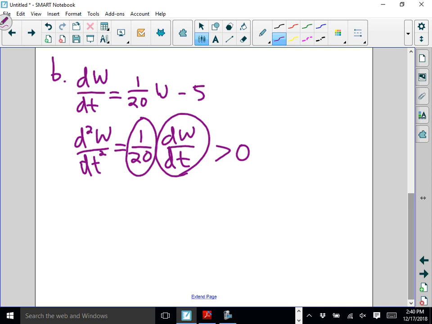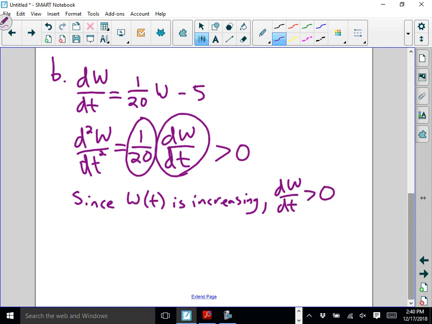So here comes my explanation. Since w of t is increasing, that was the piece of information they gave us, dw/dt must be greater than 0. And if dw/dt is greater than 0, in our setup up here, we know the second derivative is greater than 0 as well.